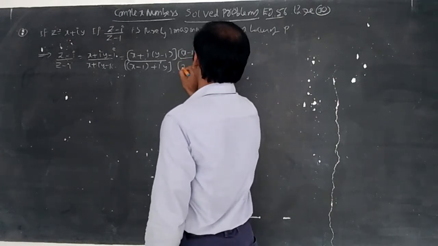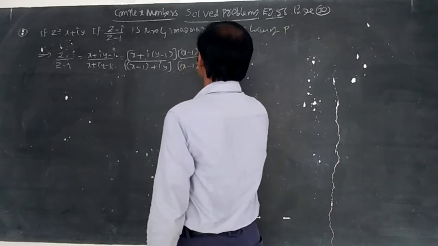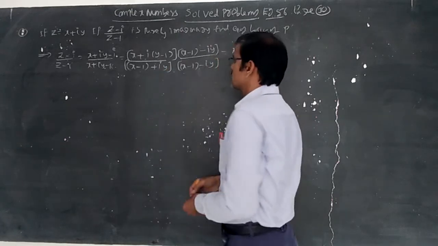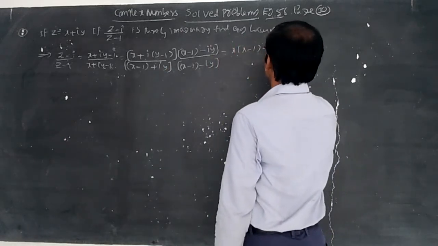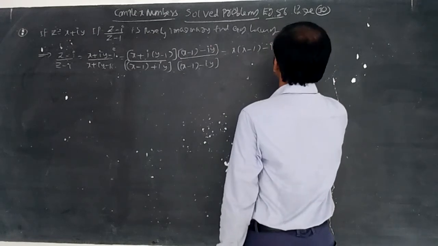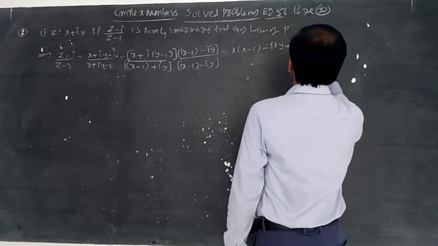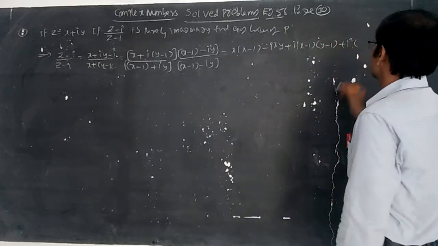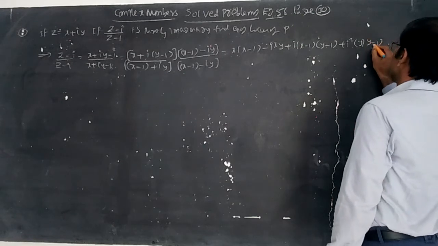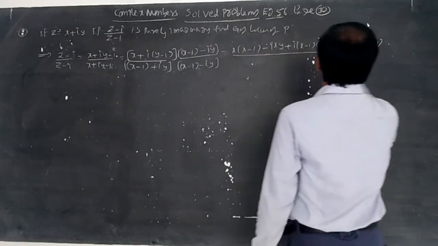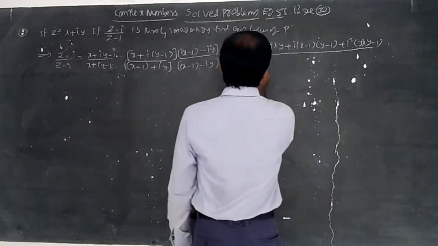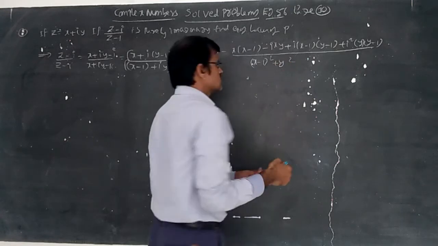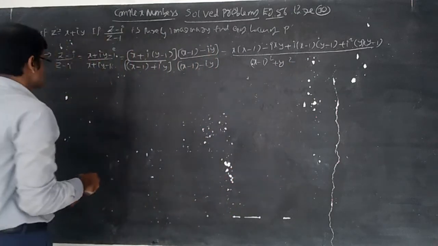It is (x minus 1) minus iy. Multiply: x(x minus 1) minus ixy plus i(x minus 1)(y minus 1) minus i squared y(y minus 1), whole by the denominator. Using (a plus ib)(a minus ib) is a square plus b square, it is (x minus 1) whole square plus y square.